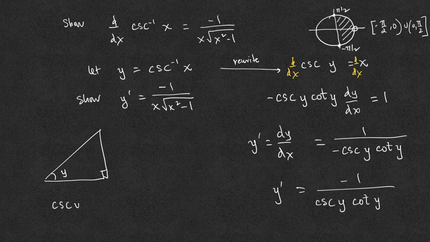Since cosecant of y is x, and x can be rewritten as x over 1, and cosecant is the reciprocal of sine, sine of y is 1 over x. And sine is the opposite over the hypotenuse, and so we label the side opposite to y as 1 and the hypotenuse as x.